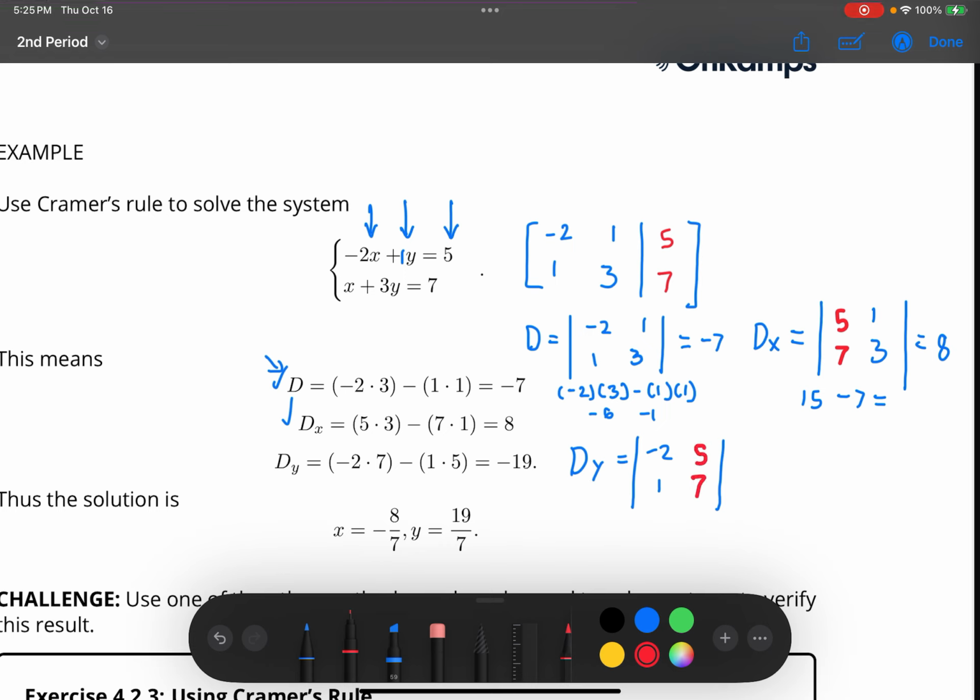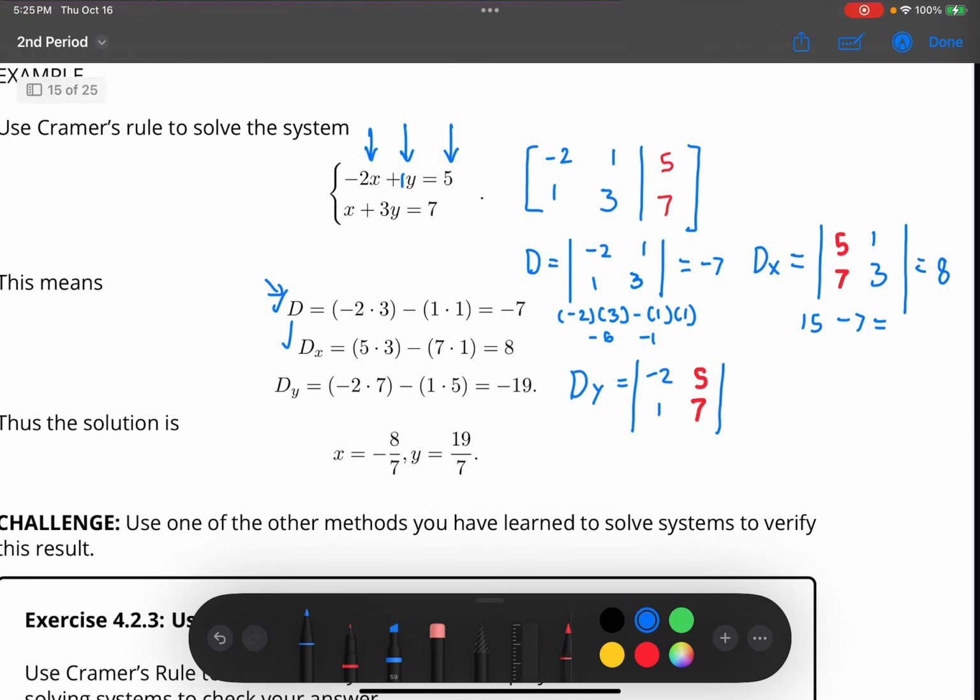So let's do the determinant for that. We end up with -2 times a 7, which gives us a -14. Then we subtract this 5 times this 1, which gives us a 5, so we end up with a -19.